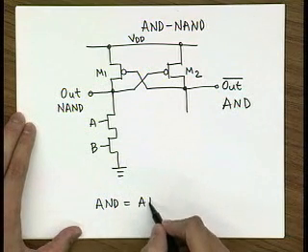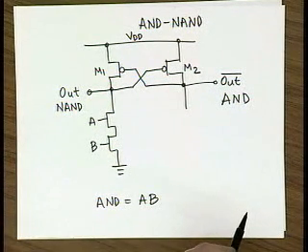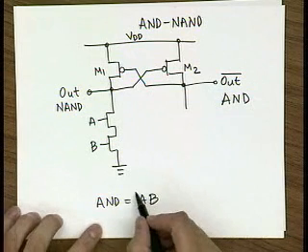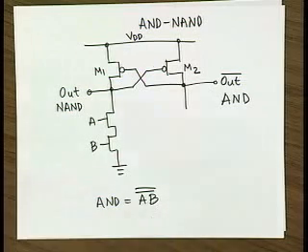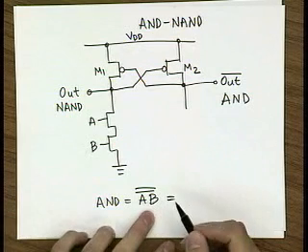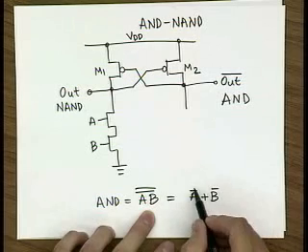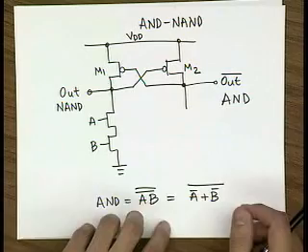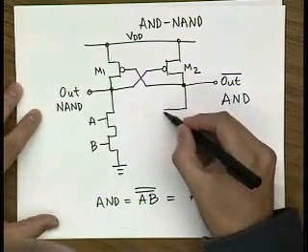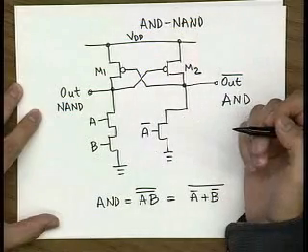AND is equal to A, B. But since I can only implement with a pull-down inverting function, then I have to put two bars on top, because I can only implement something with a big bar on top, right? So now what does this mean in terms of De Morgan's principle? This is A bar or B bar. So what does this tell you? You have two transistors in parallel that are driven with these complementary signals.